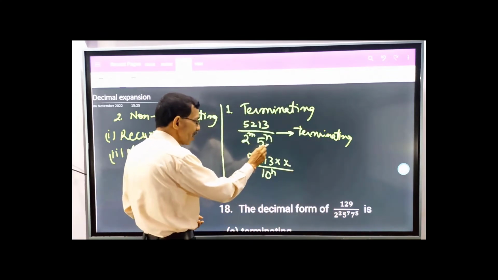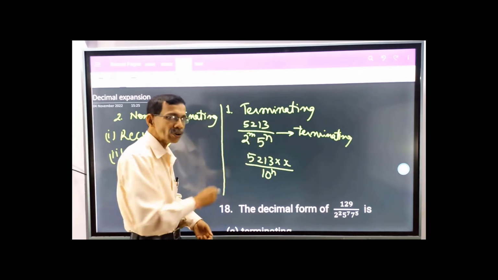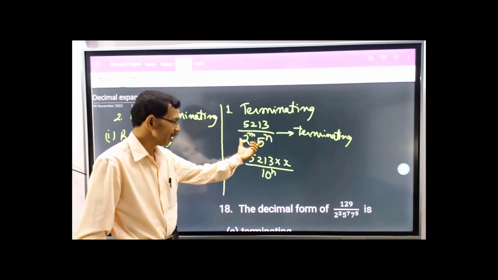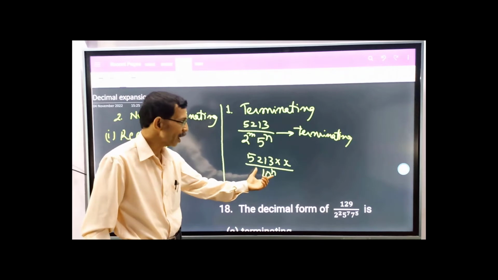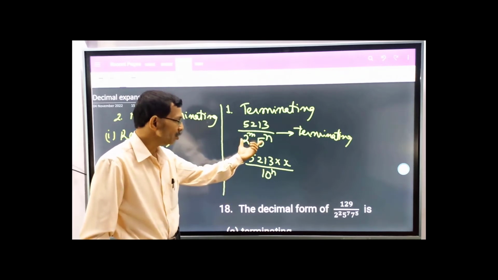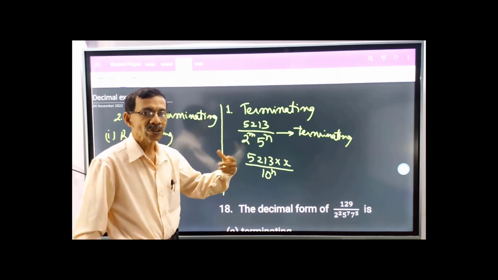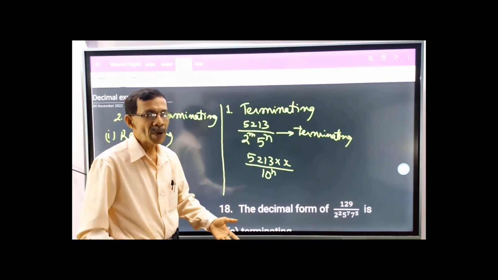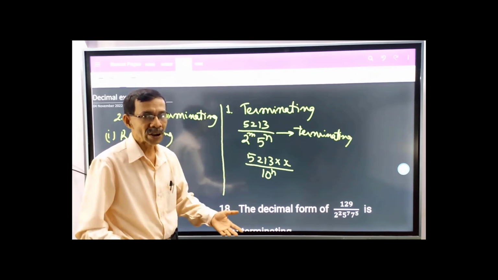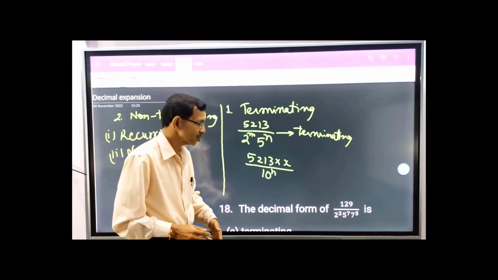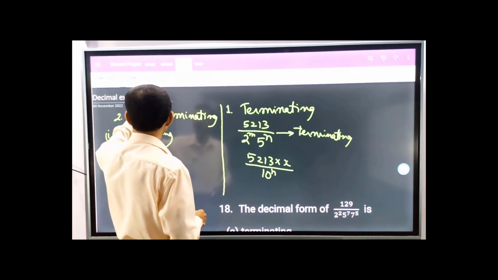So one should know that if you are not able to express in terms of 10 raised to n or 2 raised to m into 5 raised to n, then they are non-terminating. So you will be asked questions based on terminating or non-terminating. So let us solve some questions over here.